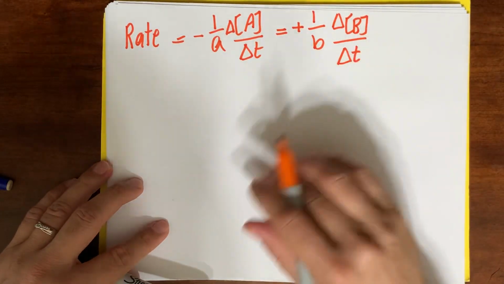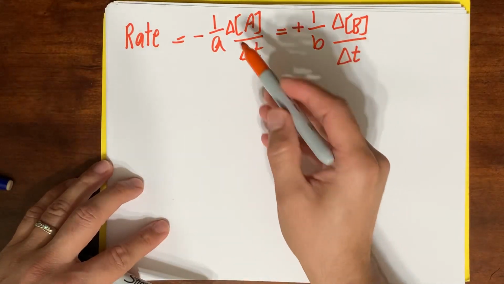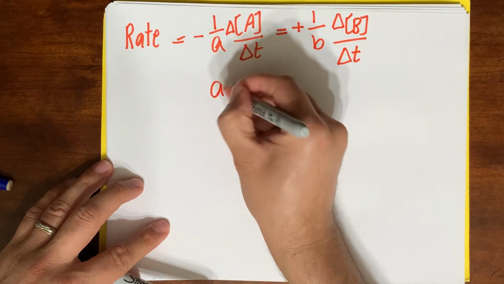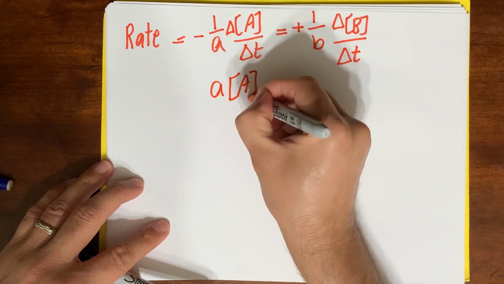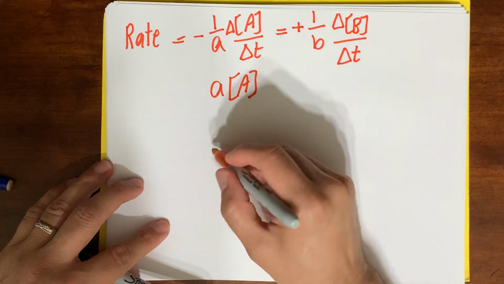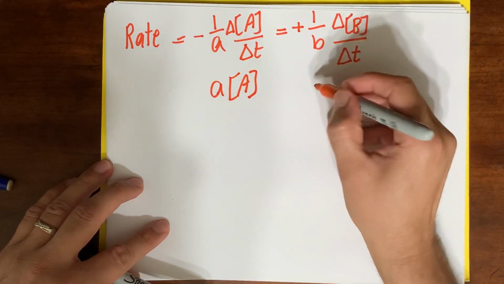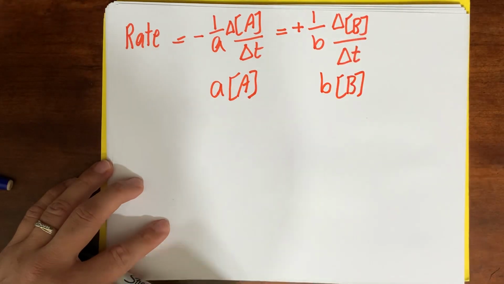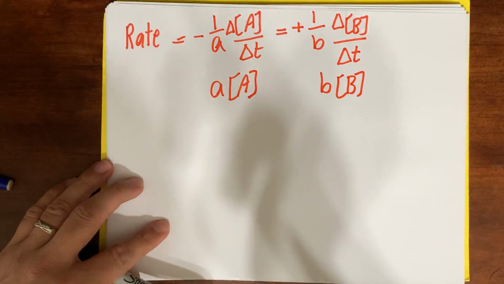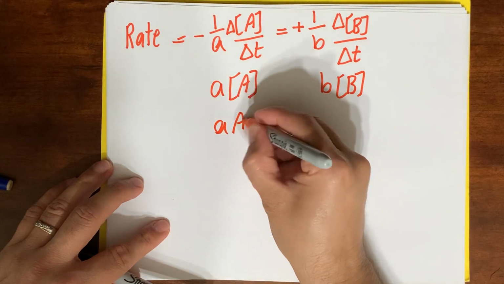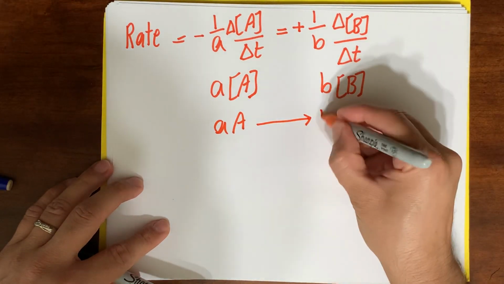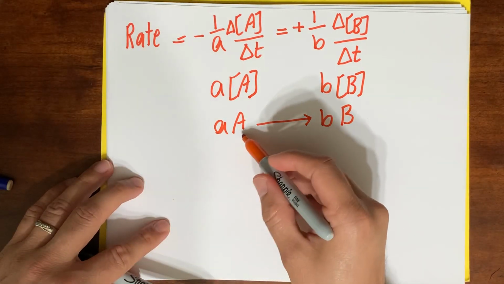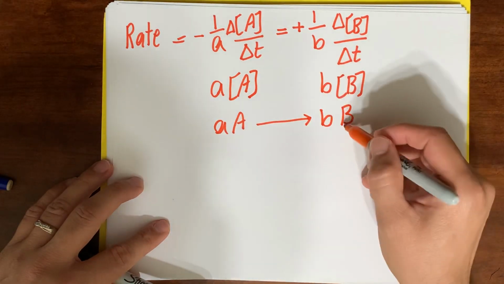If I see such a thing, I'm going to say I have a mole from A, and here I have b mole from B. So I say a mole from A transferred to b mole from B. How do I know I have only A on the left and only B on the right?